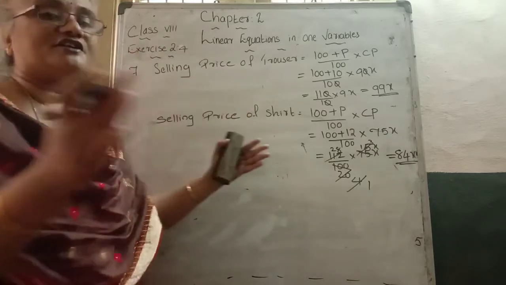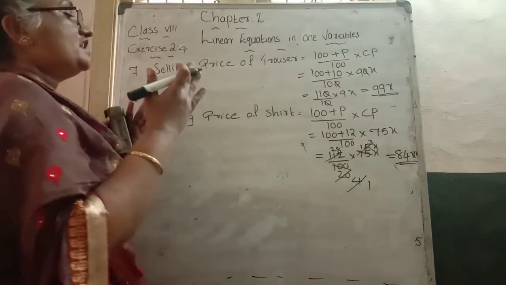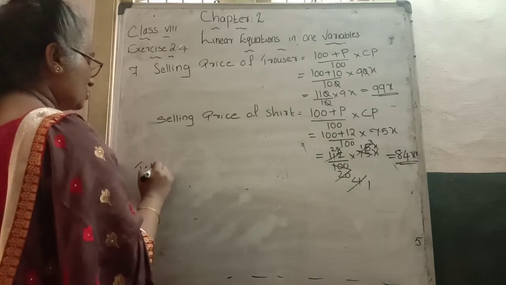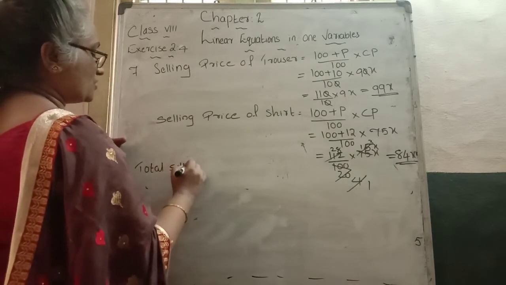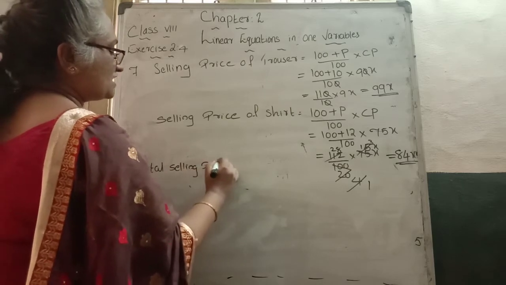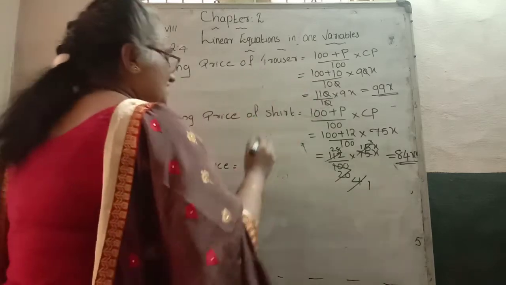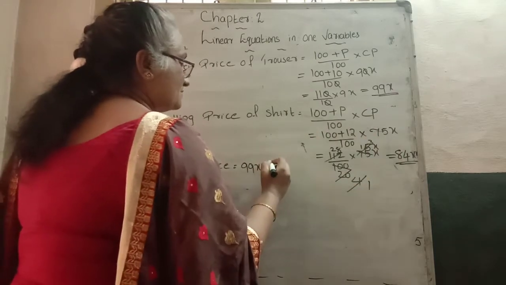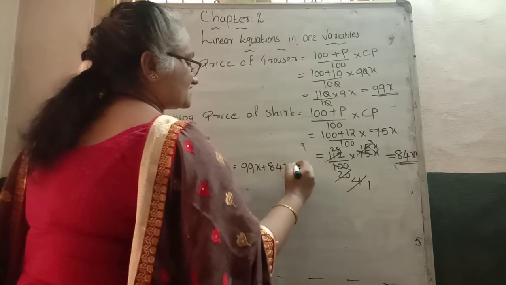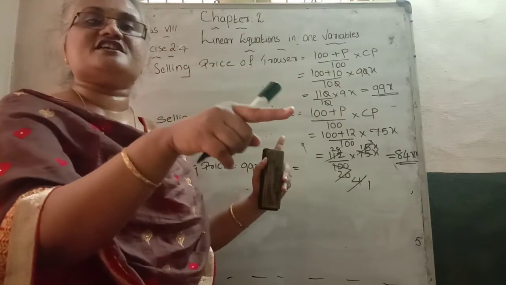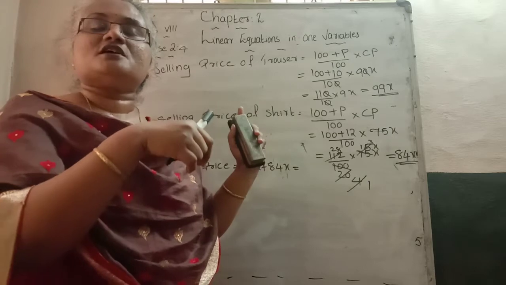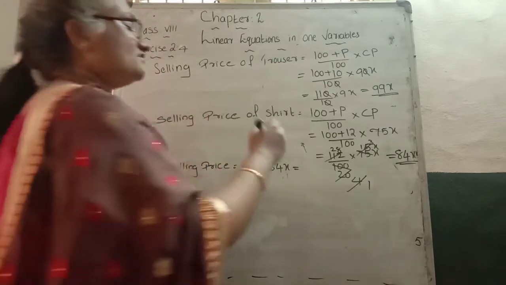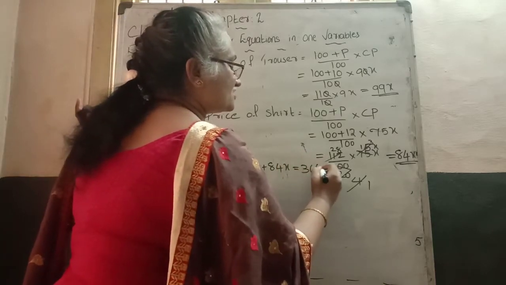So we want to find the total selling price of the shirt and trouser together. We can write total selling price is equal to the selling price of the trouser, 99x, plus the selling price of the shirt, 84x. The total amount he gets on selling is 36,600 rupees.